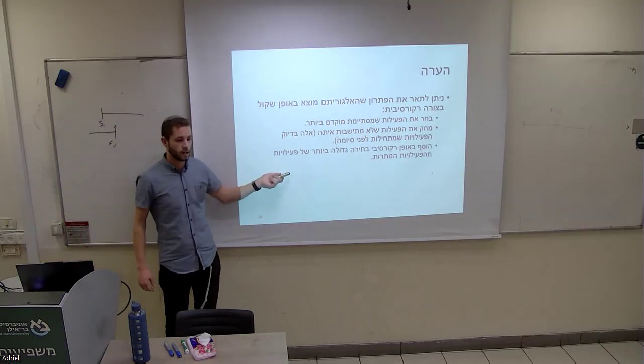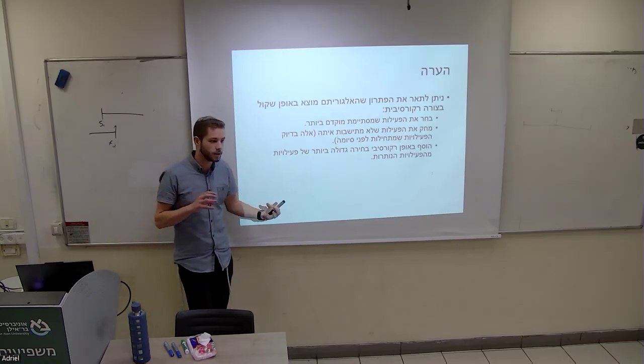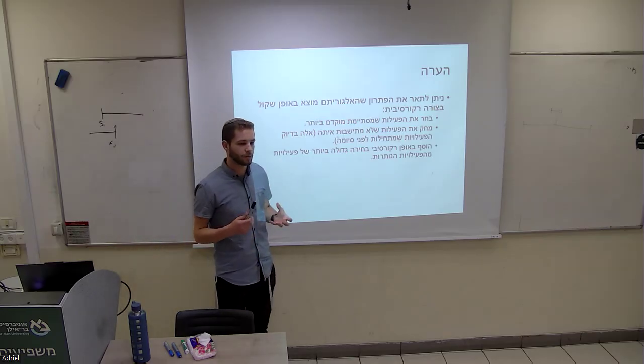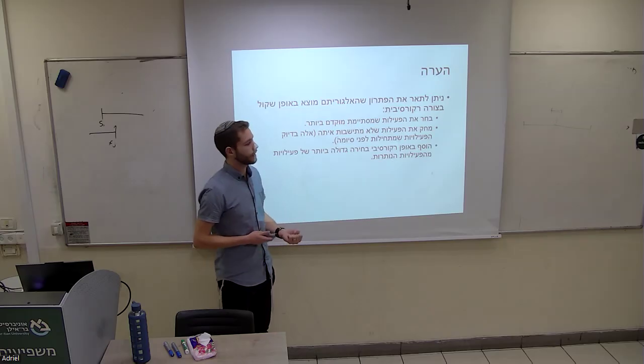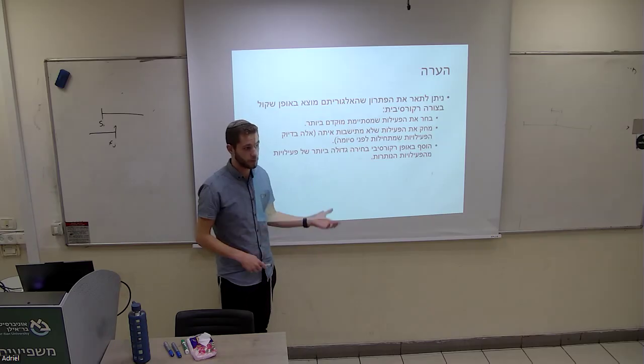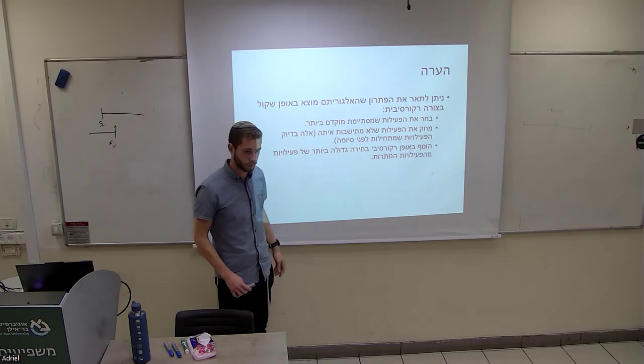It's basically the same thing as divide and conquer, but with greedy it's more specific. Divide and conquer is not necessarily greedy, but greedy can be thought of as divide and conquer.